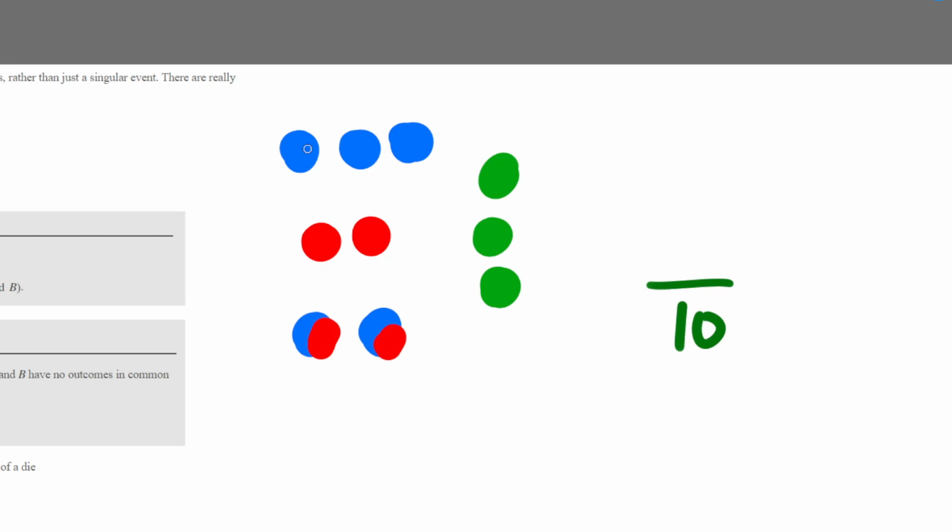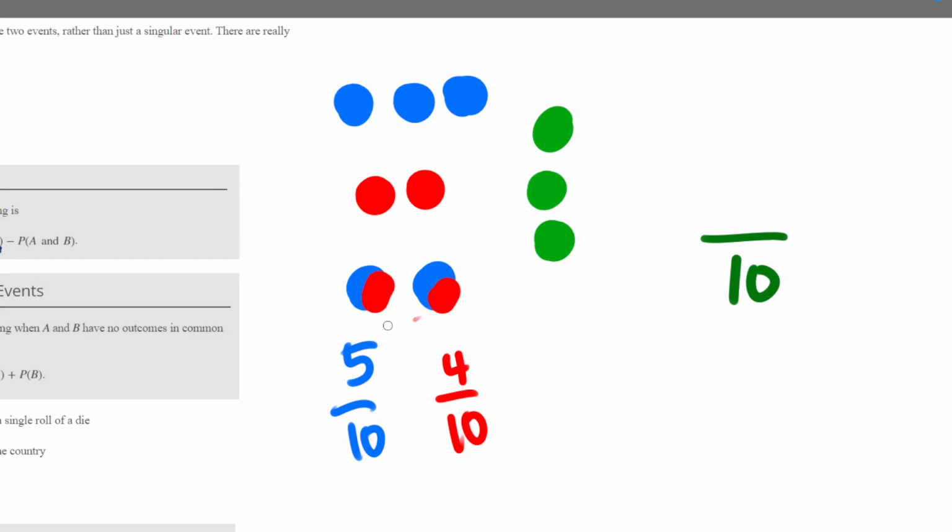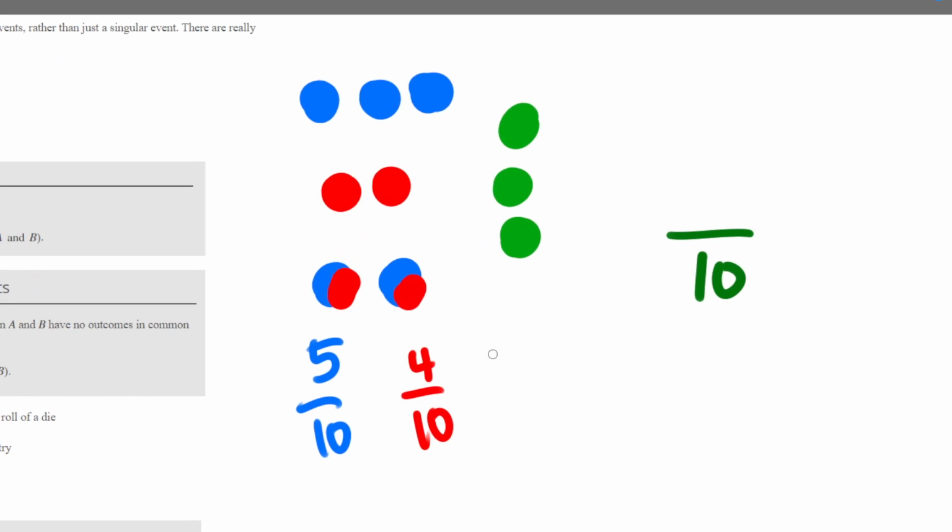So there's 1, 2, 3, 4, 5 blues. So 5 out of 10 for blue. And there's 4 out of 10 for red. But these two are sharing. So we need to minus the two mixed marbles from each other.